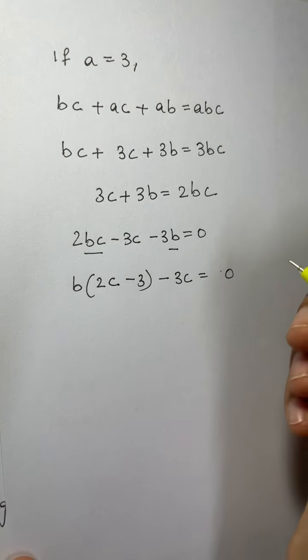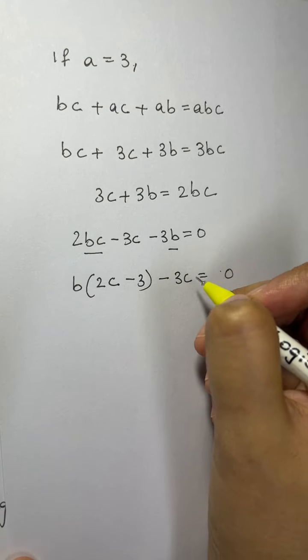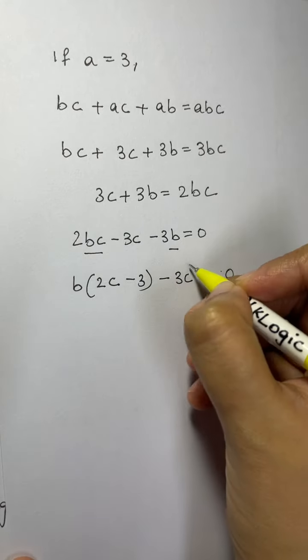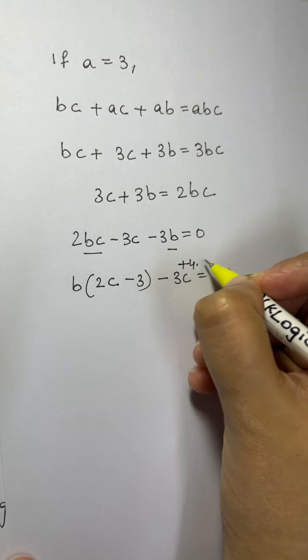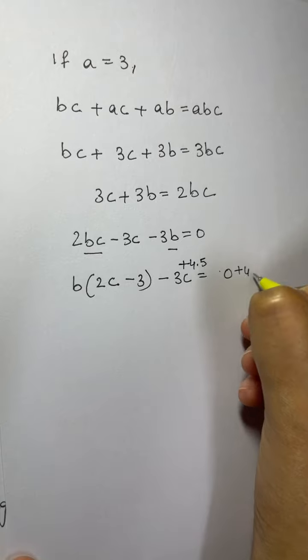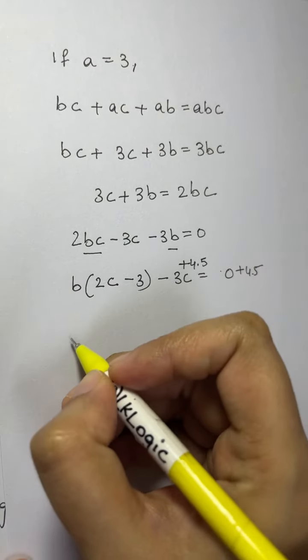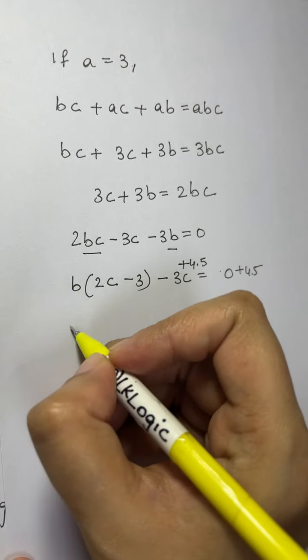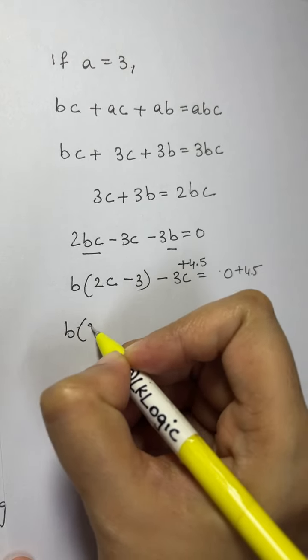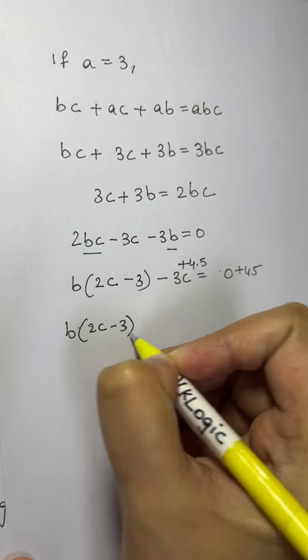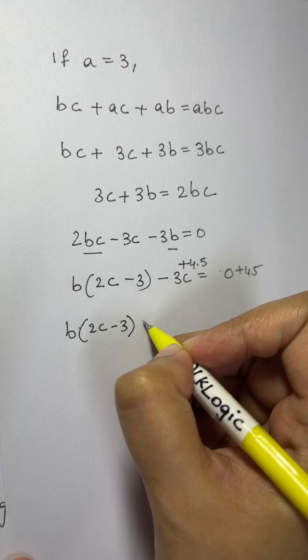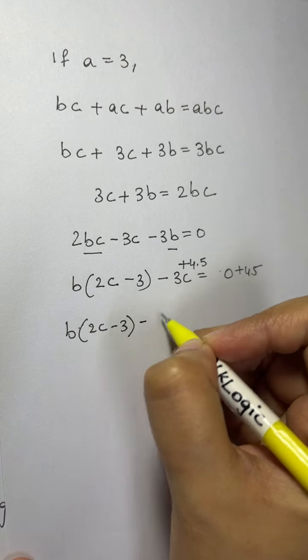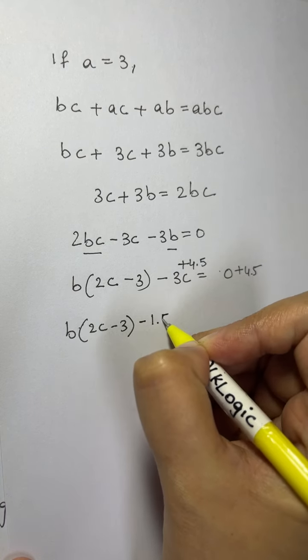Now what we can do is add plus 4.5 to both sides, plus 4.5, plus 4.5. Why? So that I can have 2C minus 3 again. So B times 2C minus 3, and then you have minus 1.5 you can take out common.